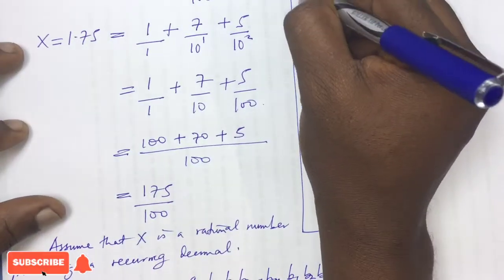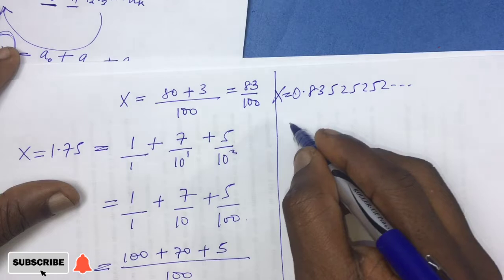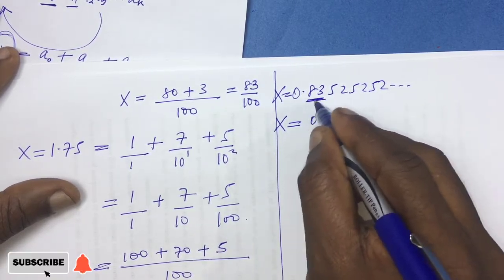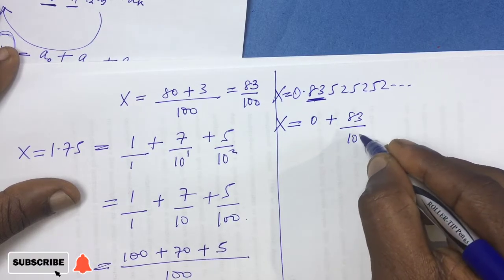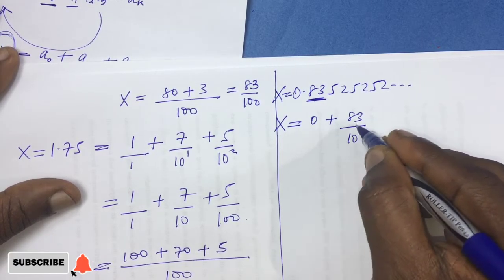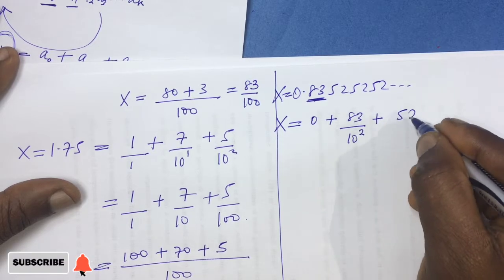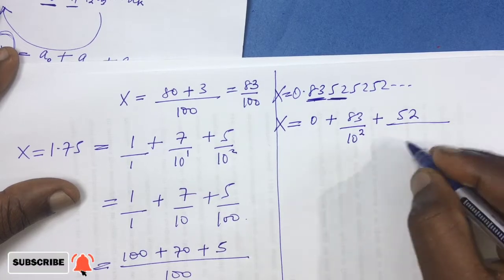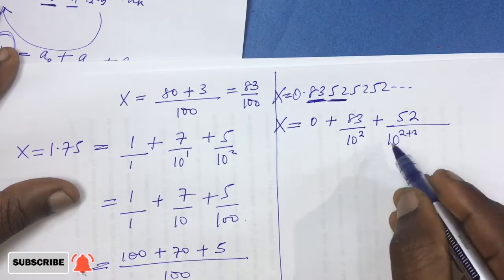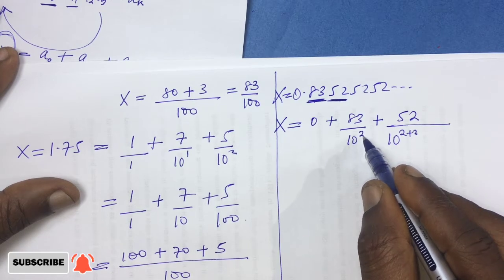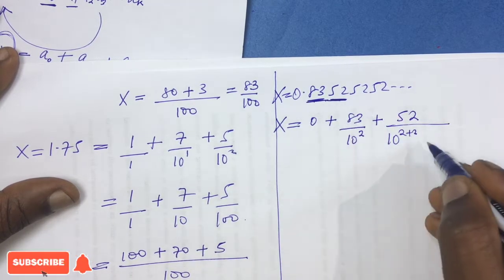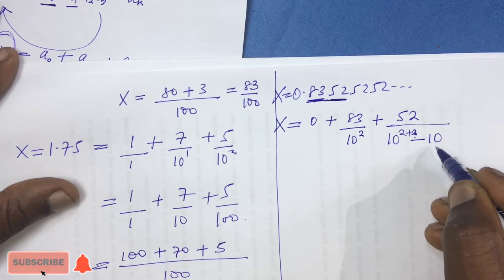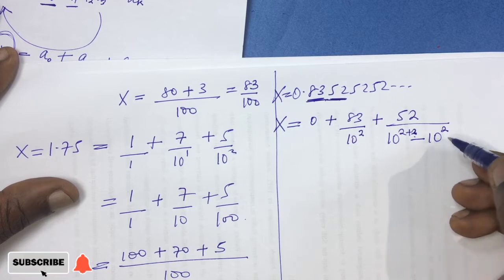So this will be my x, and if it is my x, it means I can write x as 0 plus the fixed block of digits 83 all over 10 raised to power 2, because there are 2 digits in that fixed block, plus 52, the one block of the recurring digits, all over 10 raised to power 2 plus 2, 2 here standing for the number of digits in the fixed block, and this other 2 standing for the number of digits in the recurring block, all minus 10 raised to power 2, the number of digits in the recurring block.